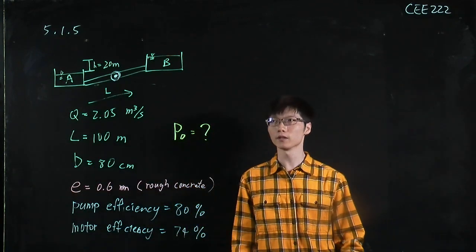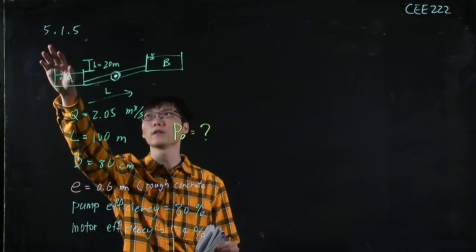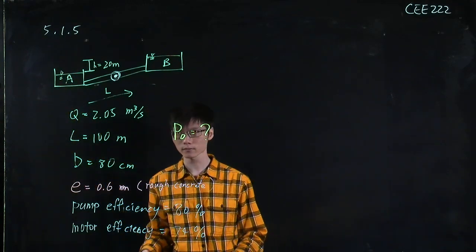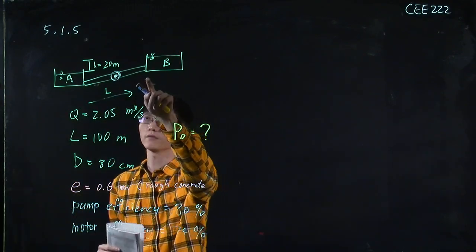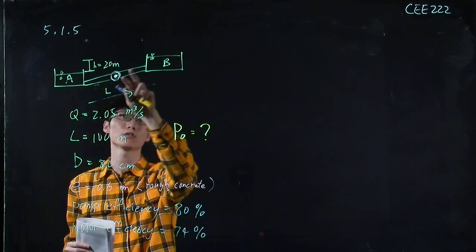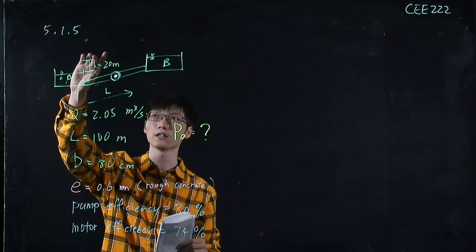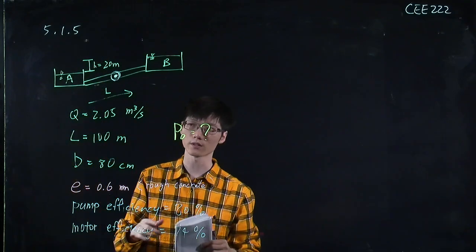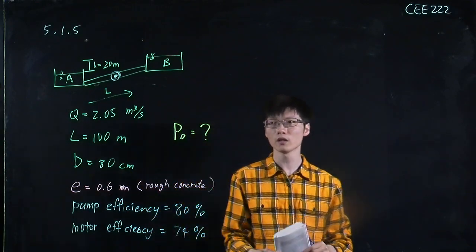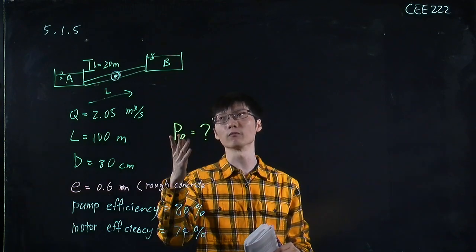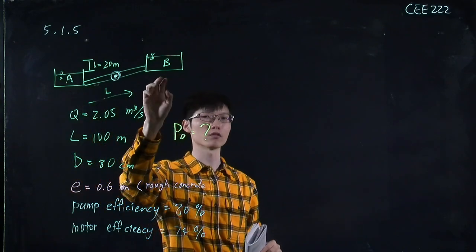Okay, here comes the final question for this week's recitation. The problem 5.1.5. In this problem, there's a pump in this pipeline to deliver the water from reservoir A to reservoir B, where the elevation difference is equal to 20 meters. The problem asks us, given the information that I show here, what is the power of the pump that we need in order to deliver the water from reservoir A to reservoir B?